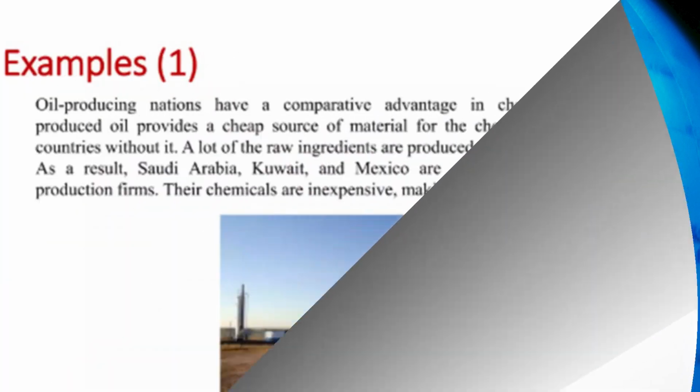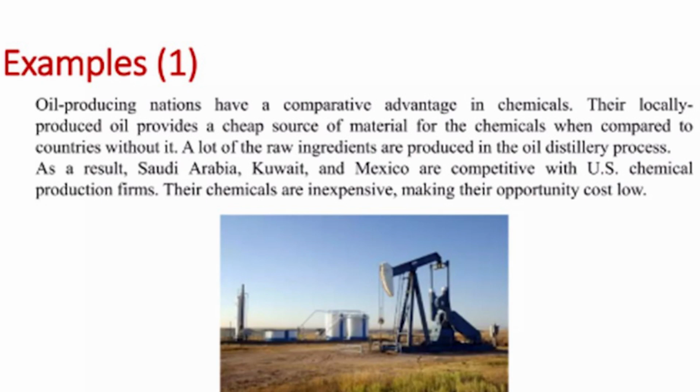So let us take some practical examples from our relevant field. Example 1, let us take some oil producing countries. Oil producing nations have a comparative advantage in chemicals. Their locally produced oil provides a cheap source of material for the chemicals when compared to countries without it. A lot of the raw ingredients are produced in the oil distillery process.